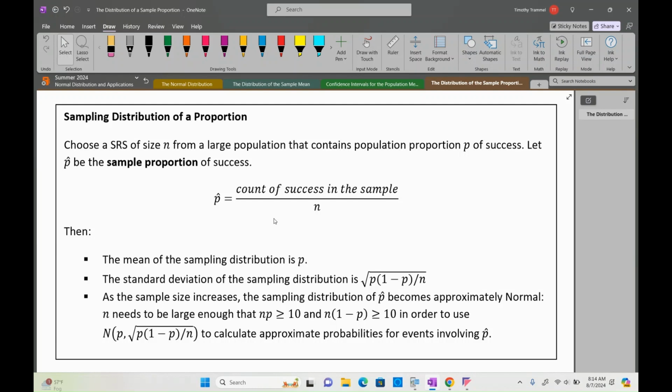I would start forming a histogram based around these proportions that are given back to me. If I kept sending students out to perform this survey and keep collecting these sample proportions, that histogram is going to start to look normally distributed if we satisfy some certain conditions that we'll talk about in a second.